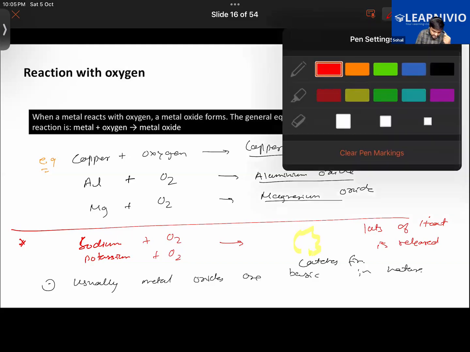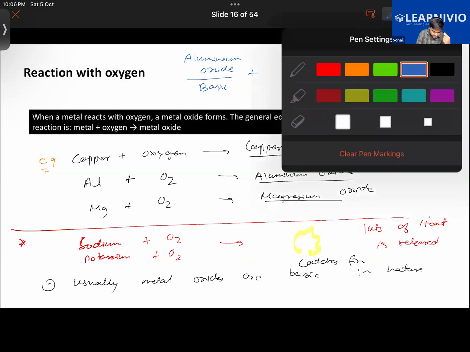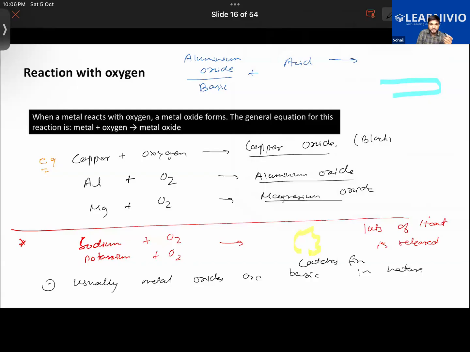If you are considering aluminum oxide as basic, it should be reacting with an acid, and in the neutralization reaction, what are the products it will be giving? It is going to give salt and water.